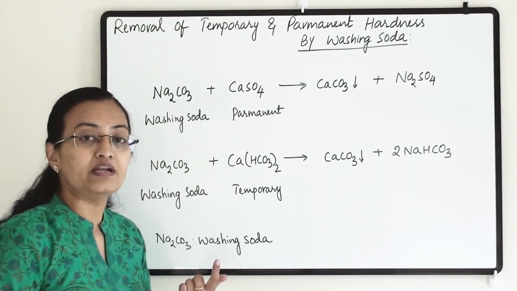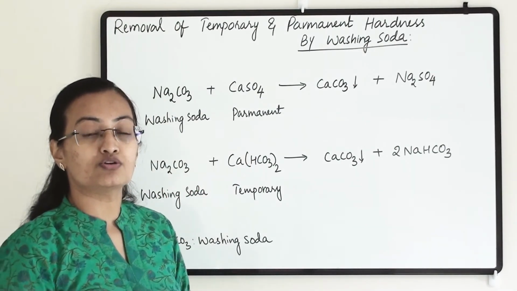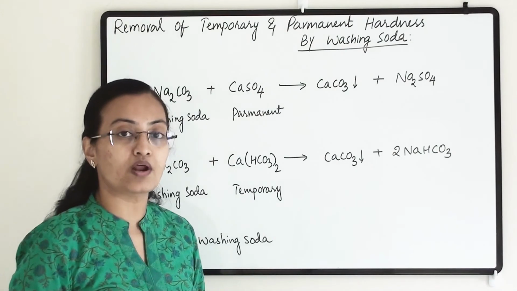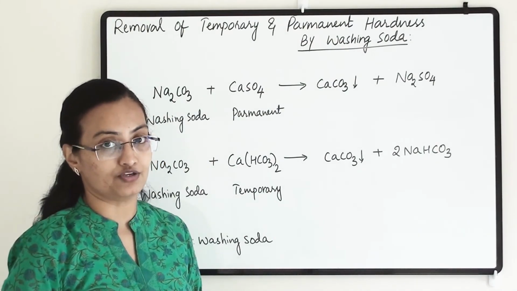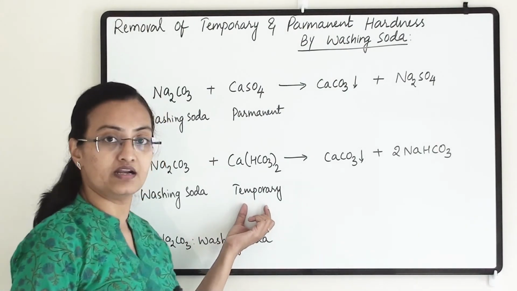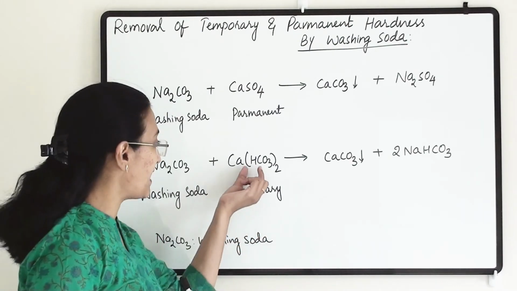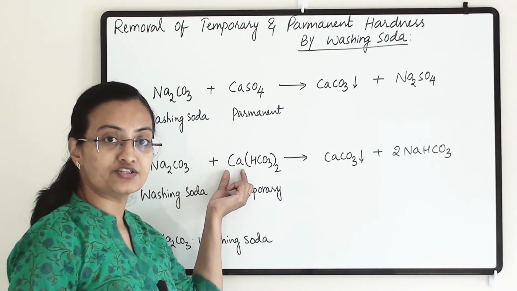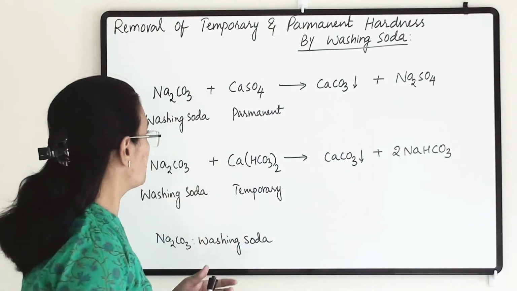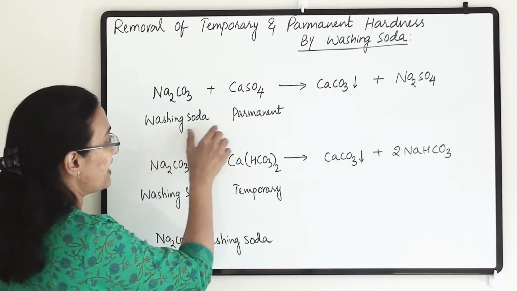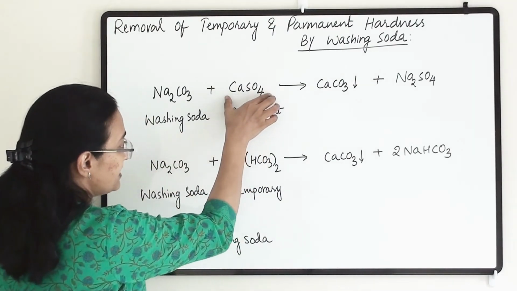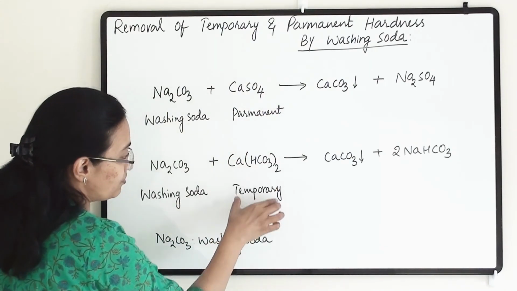Again, permanent hardness of water is because of the sulfate and chloride salts of calcium and magnesium, whereas temporary hardness of the water is because of the bicarbonate salts of calcium and magnesium. So here washing soda will act upon sulfate salts also and bicarbonate salts also.